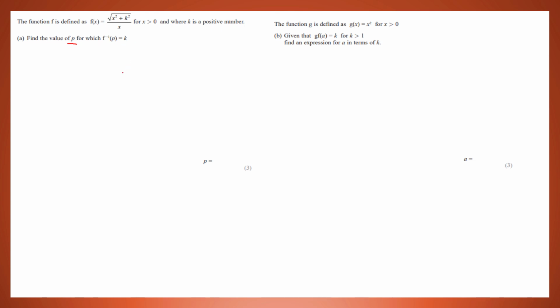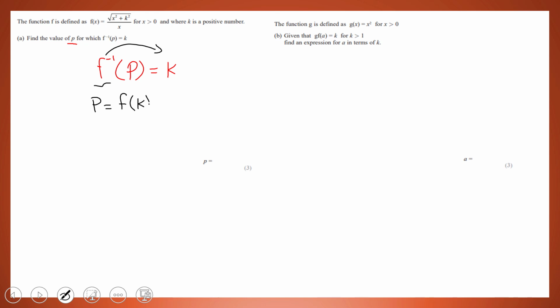So what we'll do in this case, to make p the subject: you have f inverse of p equals k. If I want to make p the subject, I need to shift the f inverse to the other side, so it goes to the other side as f. So it's like an inverse relationship.